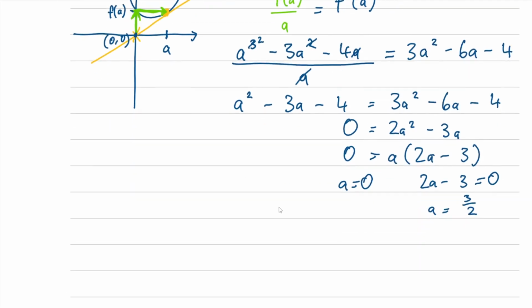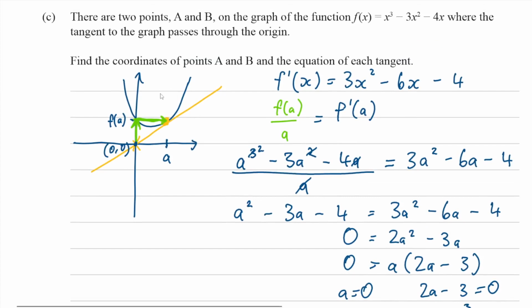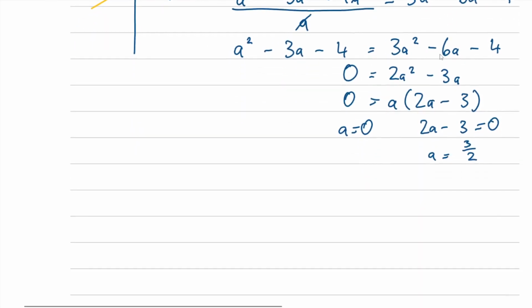Cool. So what next? We have found the x values of points A and B. We were asked for the coordinates, so our last step is to find the y value using f of x. So finding the y values.